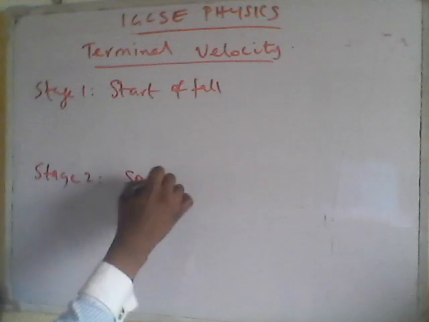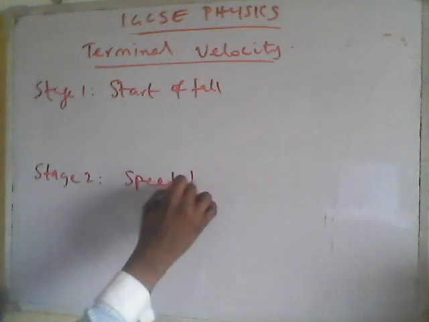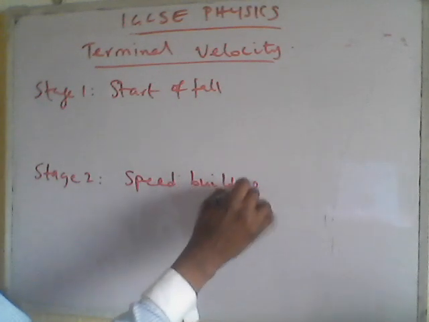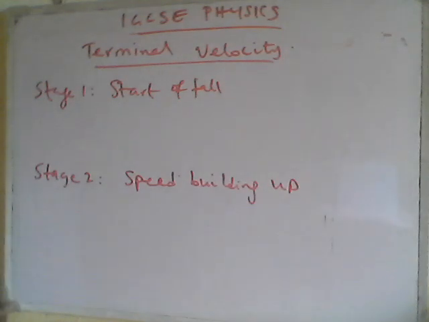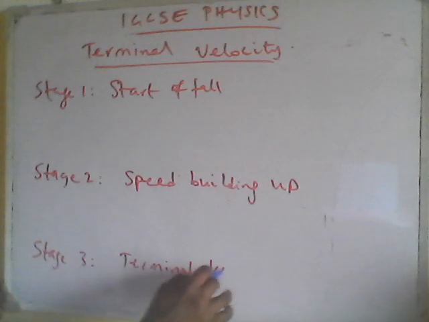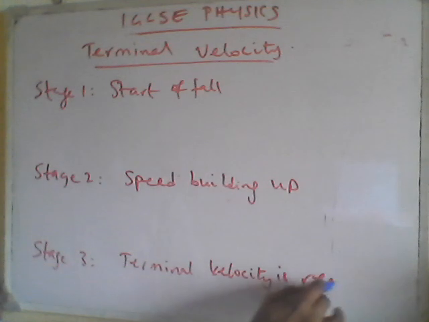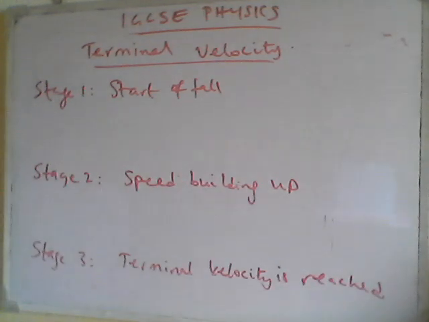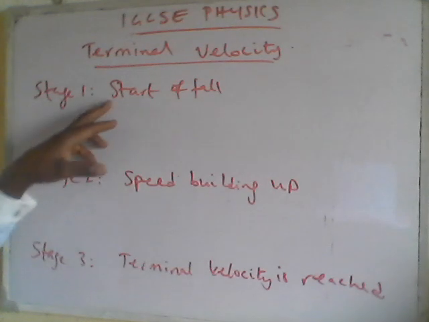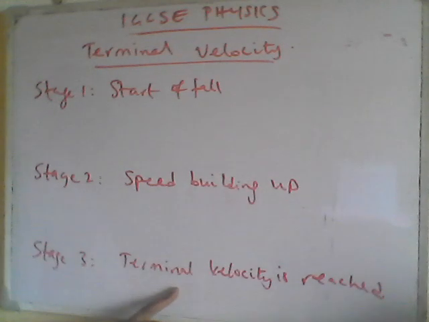So when you start to fall, the next thing is speed is building up. And stage three, terminal velocity is reached. So if a body is falling from the sky, there is start of fall, there is the speed building up, and there is terminal velocity being reached.